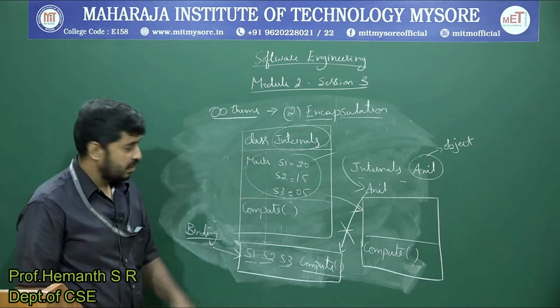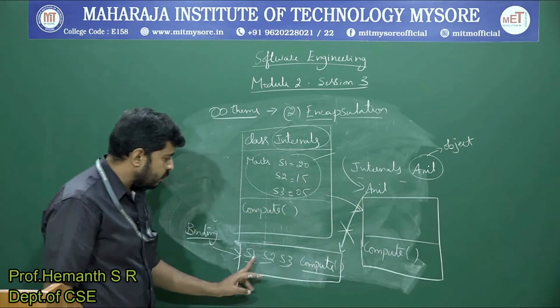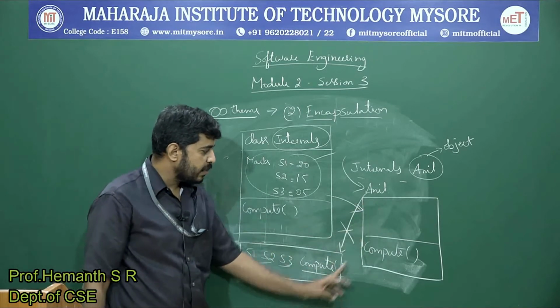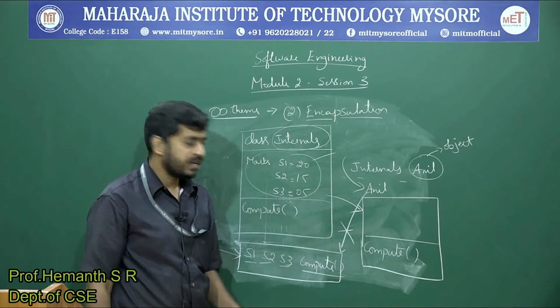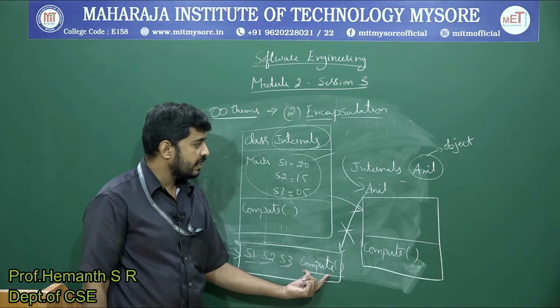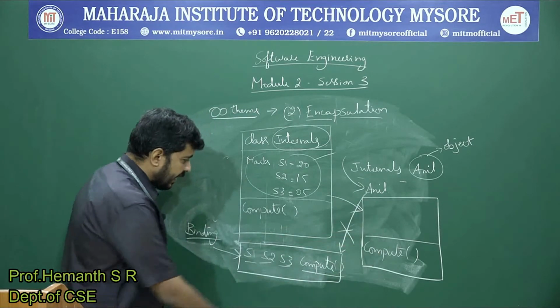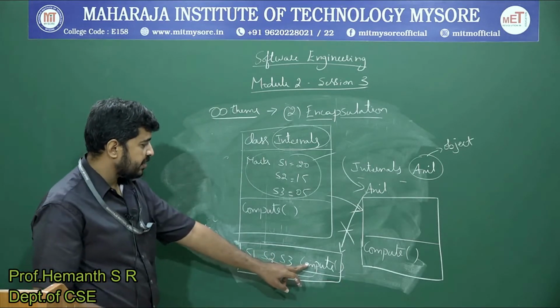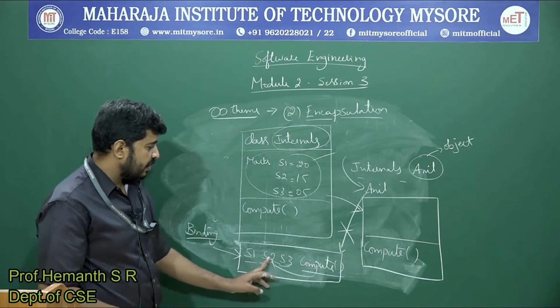Now what is the benefit of this? The Anil object cannot read S1, S2, S3. Now can the compute method that is part of the Anil object access this? Yes, definitely. The compute method can perform the computation, that is the average of S1, S2, S3.